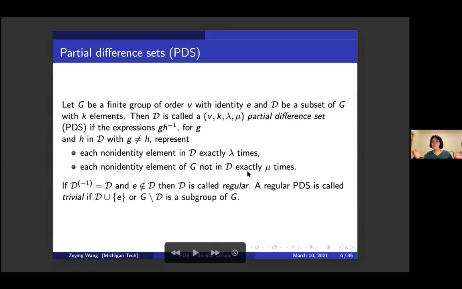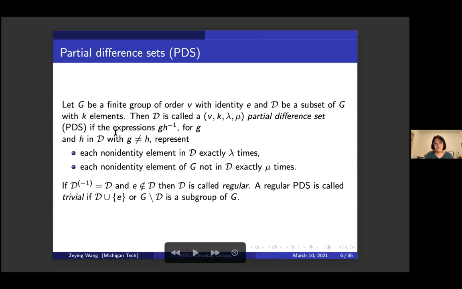Now, finally, we come to the main topic, right? Today I'm going to talk about partial difference sets. Here I want to talk about the definition. Suppose you have a finite group G with order v, and D is a subset of the group with k elements.